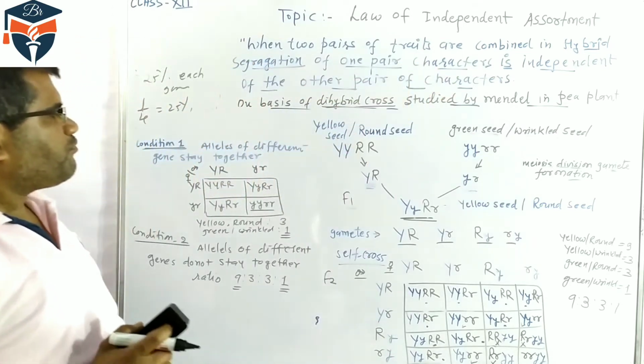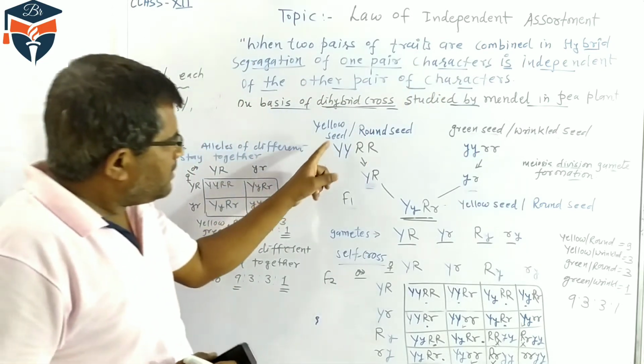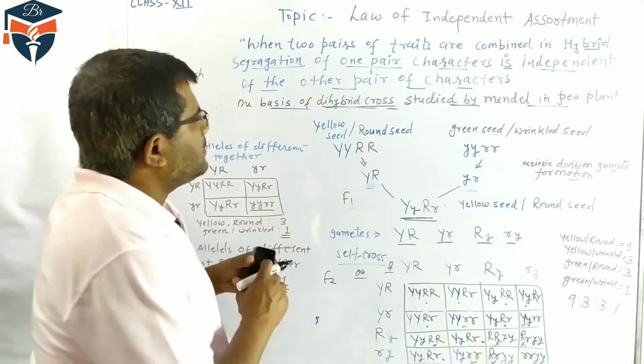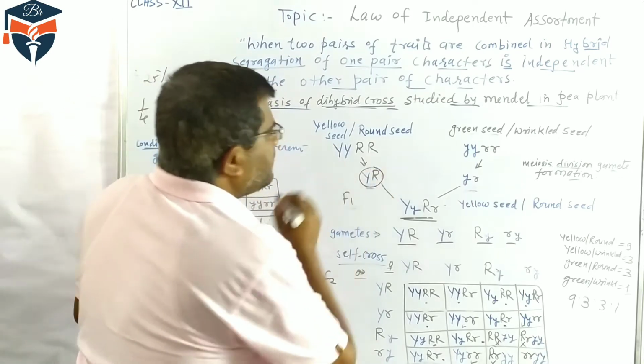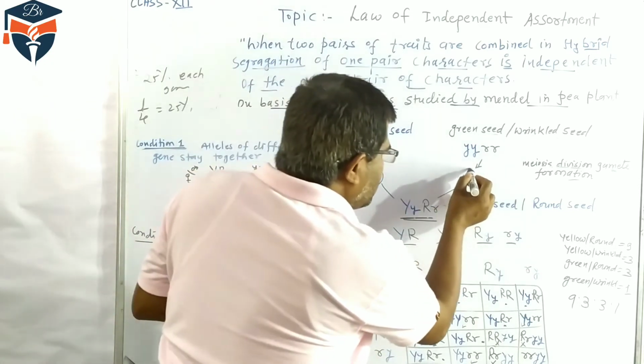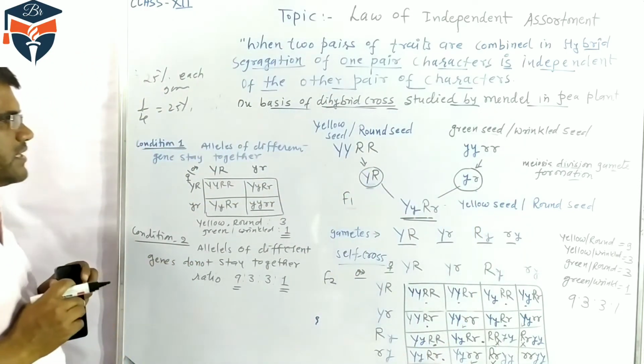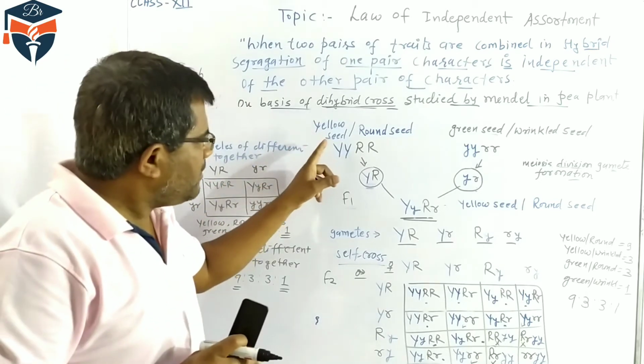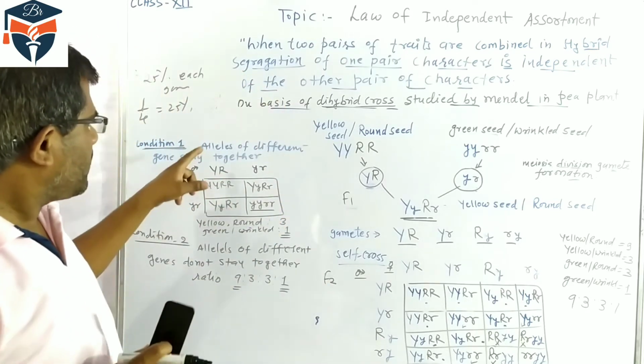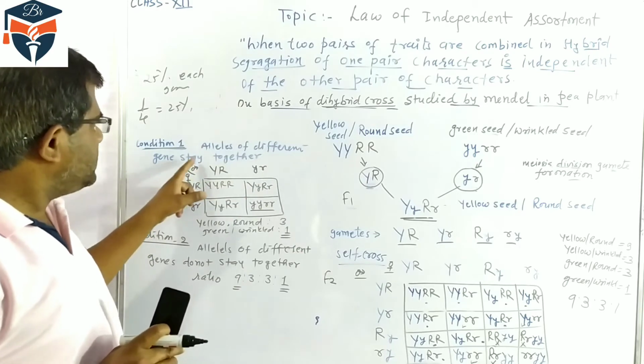For this one, when Mendel crossed this gamete of one parent with this gamete of another parent, what happened? He found 2 possibilities. Condition one: alleles of different genes stay together.